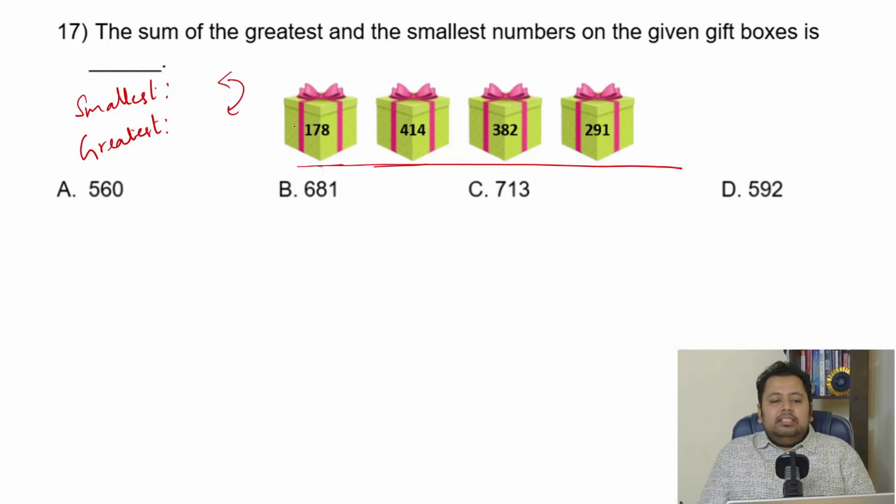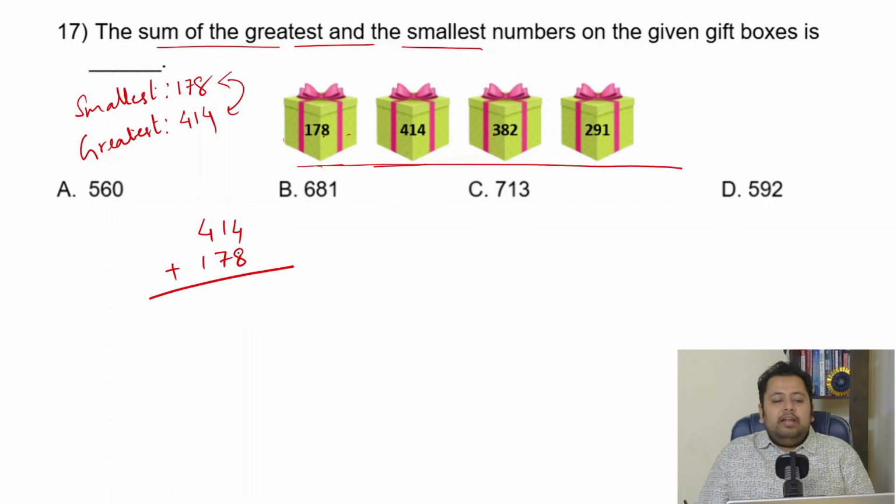Great. So, what is the smallest number in these four boxes, right? The smallest is nothing but 178. What is the greatest number here? The greatest number here is 414, right? So what it is saying, the sum of the greatest and smallest. So sum is what? 414 plus 178.